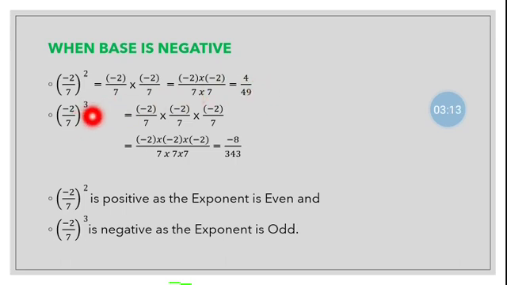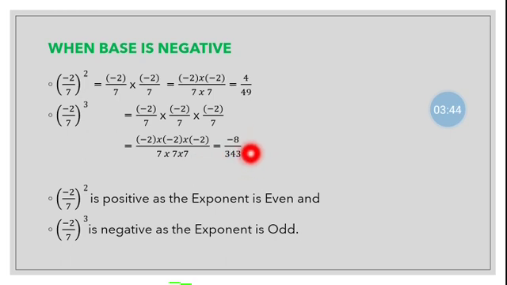Minus 2 upon 7 whole raised to the power 3. So we have to multiply minus 2 upon 7 how many times? 3 times. So minus 2 upon 7 into minus 2 upon 7 into minus 2 upon 7, which equals minus 2 multiplied 3 times upon 7 multiplied 3 times, which is minus 2 into minus 2, which is plus 4, into minus 2, which is minus 8, upon 7 7 is 49, into 7, which is 343.